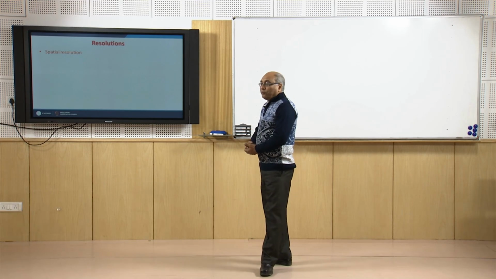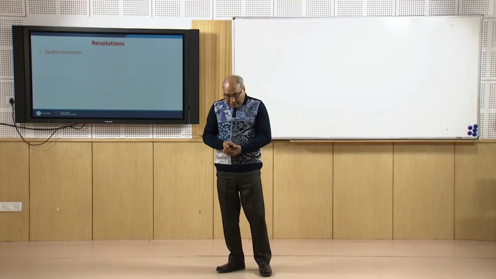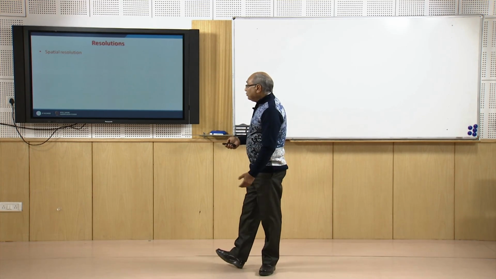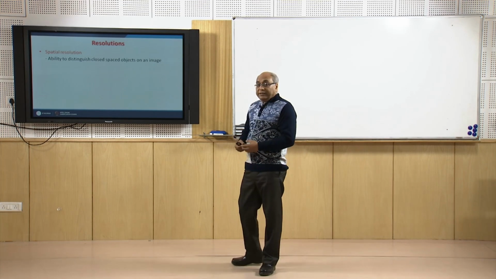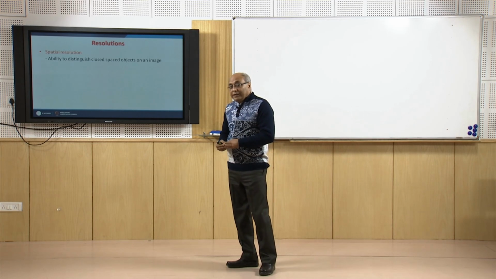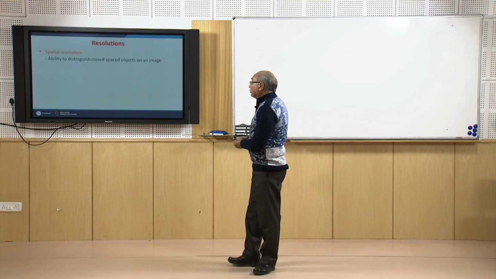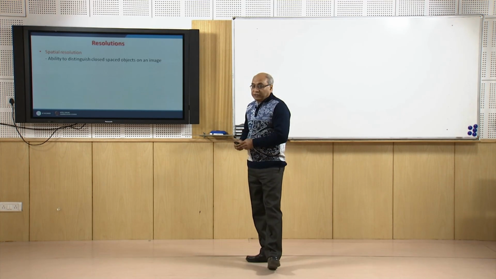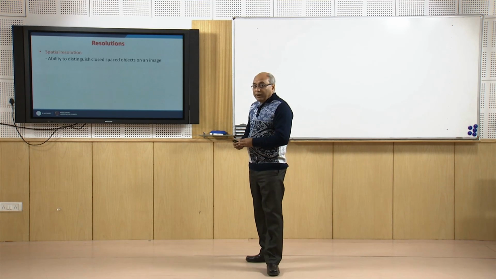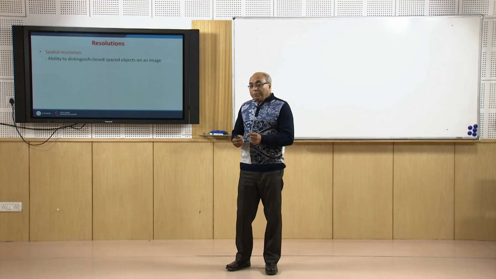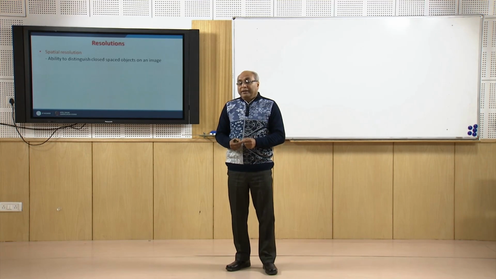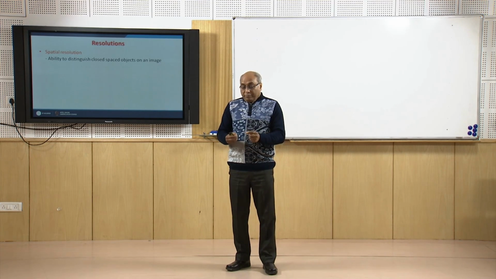Now we come to different types of resolutions, and first we take the spatial resolution, which we have been mentioning a few times. If we look at the definition, it is the ability to distinguish closely spaced objects on an image. That means the resolving power. How nicely you can see the boundary between 2 adjacent objects available within 2 adjacent pixels.